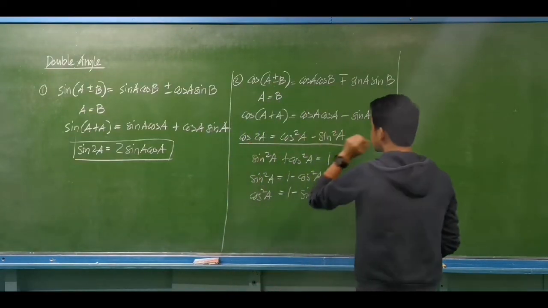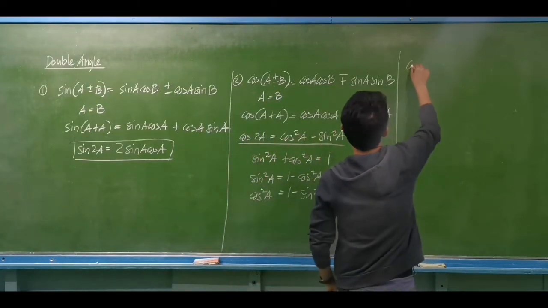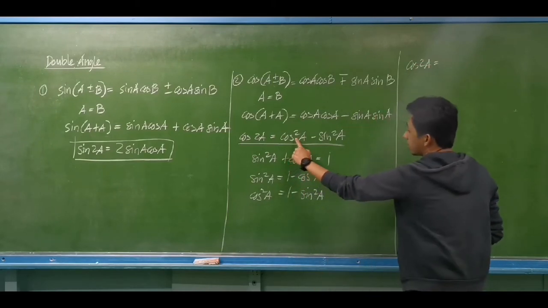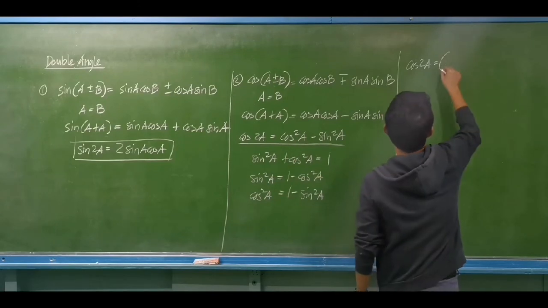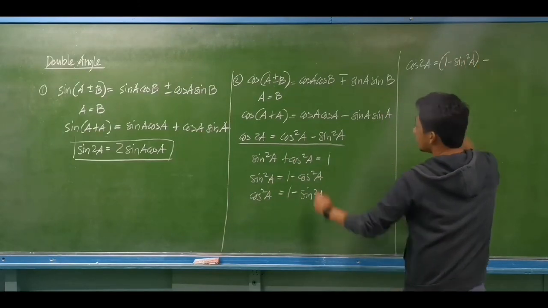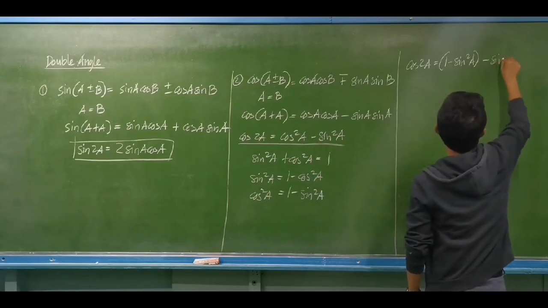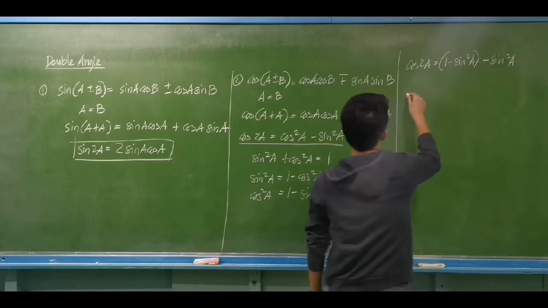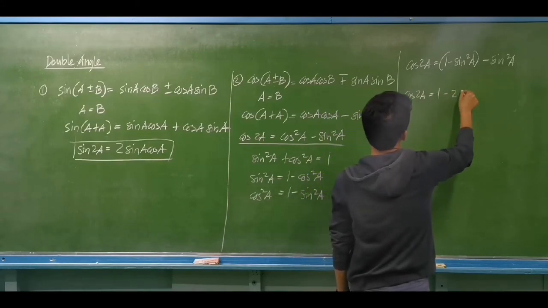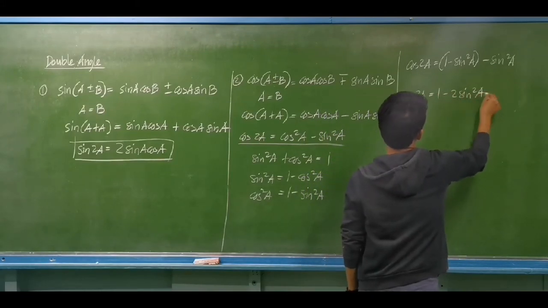So dito, we have the cosine of 2A. Ano yung equivalent ng cosine squared A? Ang cosine squared A, pareho lang yun sa 1 minus sine squared of A minus sine squared of angle A.